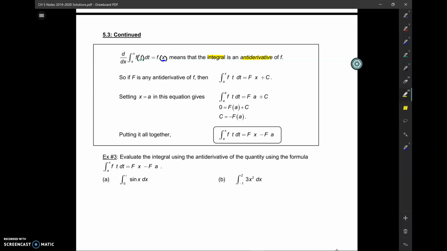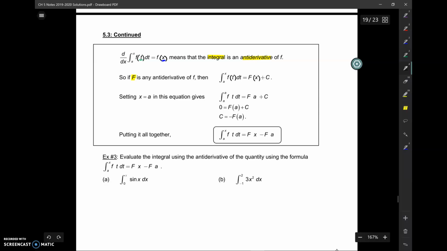Okay, so now, suppose capital F is the antiderivative of little f, right? So if I integrate little f, then I do get big F of x plus c. Okay, now, for the sake of simplicity, look at that integral from a to x.